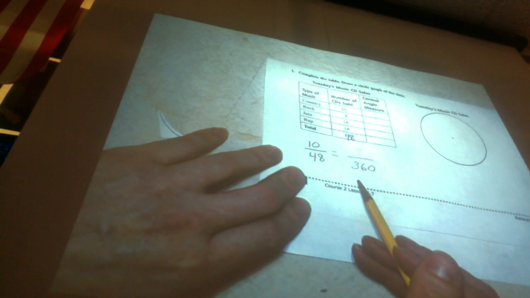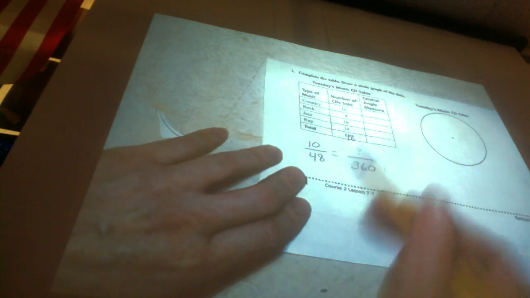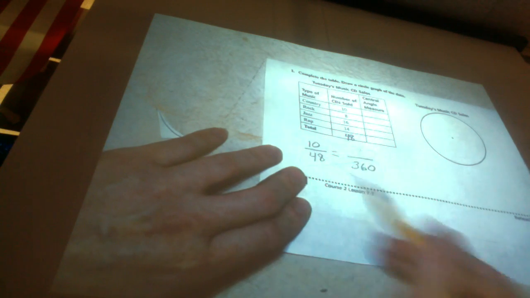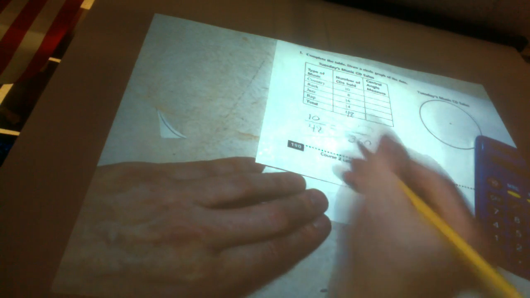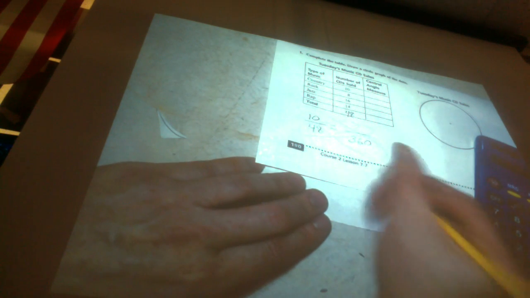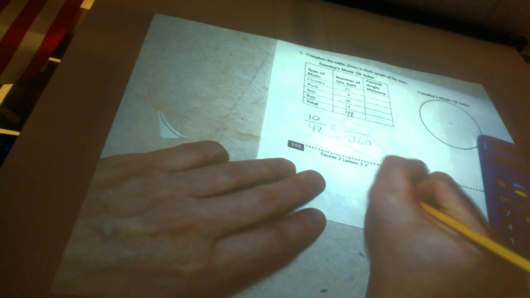How can we solve this? We can use proportions and do cross products to solve for that. At this point, you are more than welcome to use a calculator. Actually, I highly recommend it. So cross products: we do 360 times 10, which I can do in my head. That's 3,600.